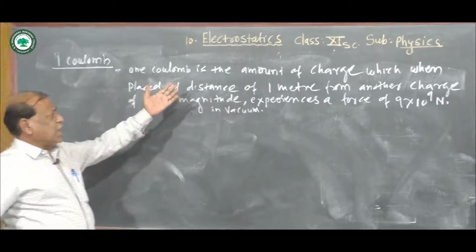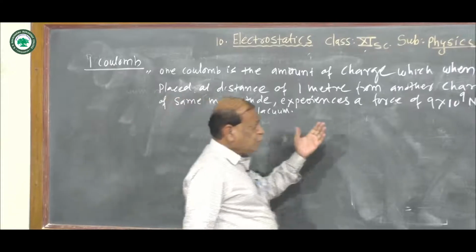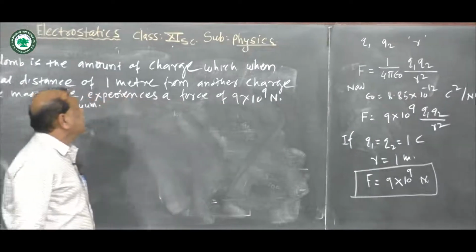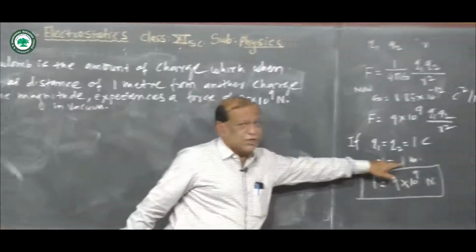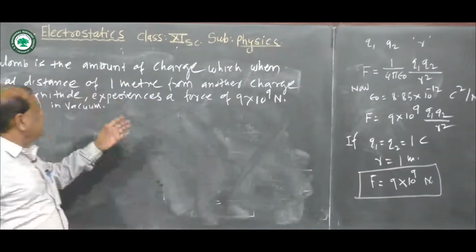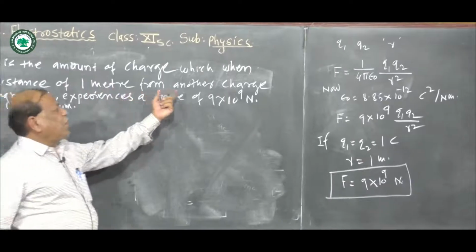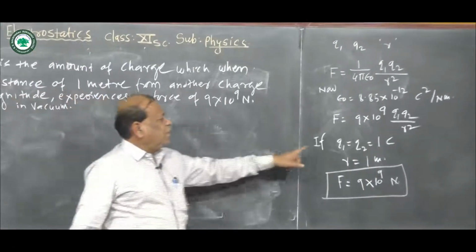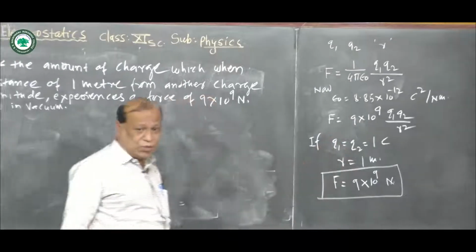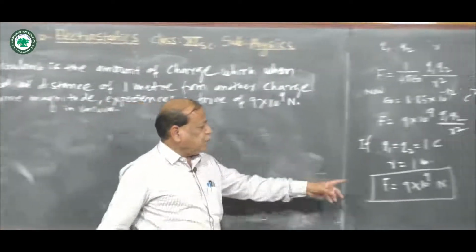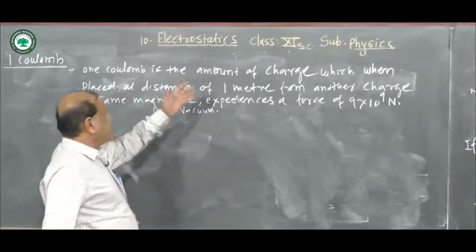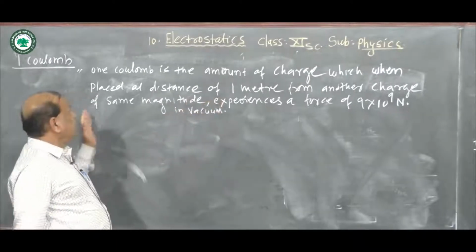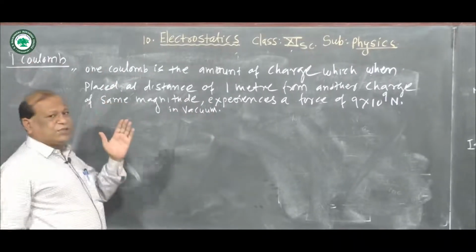One coulomb is the amount of charge which, when placed at a distance of 1 meter from another charge of the same magnitude in a vacuum, experiences a force of 9 into 10 raised to 9 Newton. In this way, from that equation we make the definition of 1 coulomb.